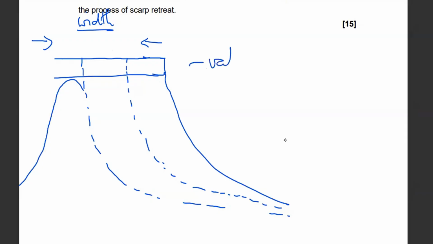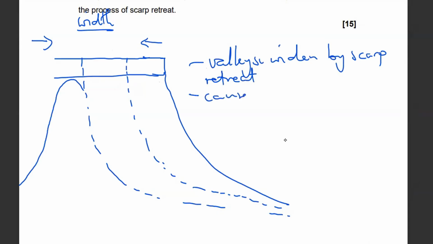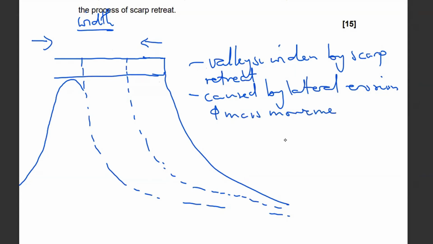So we are saying valleys, they widen. Valleys widen by scarp retreat. And that scarp retreat is caused by lateral or sideway erosion and mass movement. Then it reduces the plateau.